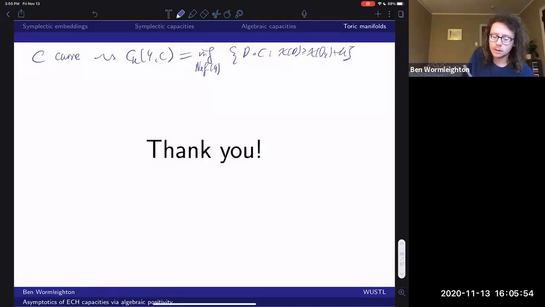Problem is, so let's say I specialize to the case where Y is a high-dimensional weighted projective space. In this case, the Neff cone is just one-dimensional.